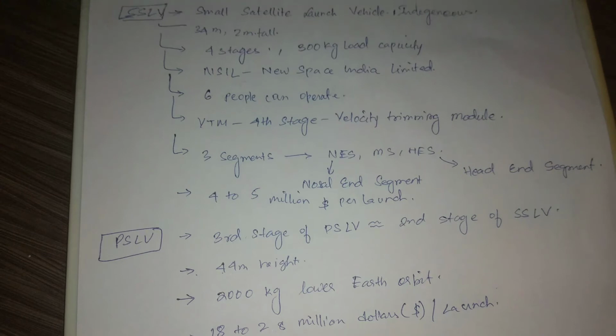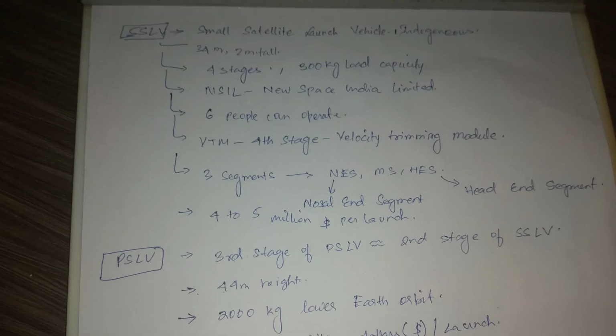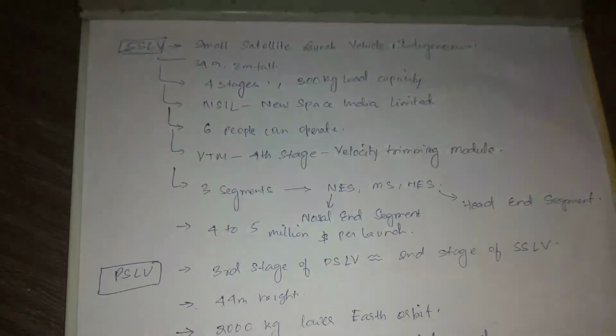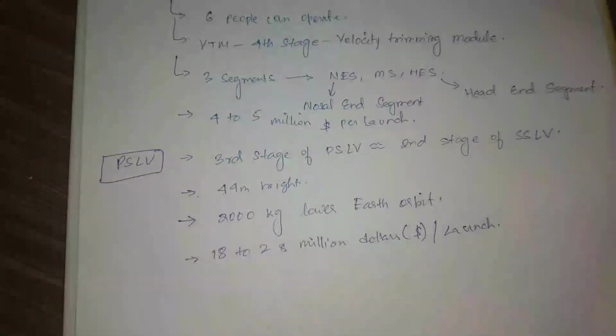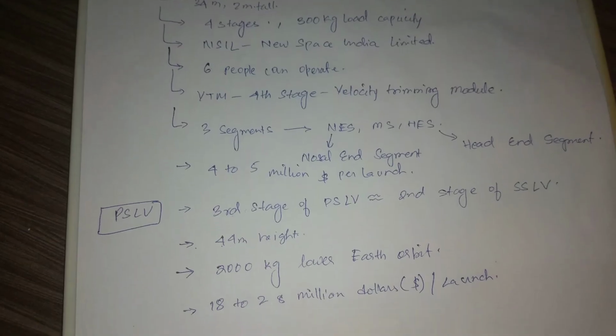So you can see that $4 to $5 million per launch is SSLV, and 18 to 28 million dollars is PSLV. So PSLV is a little bit expensive, but definitely PSLV is very useful, because it has got multi-purpose use.